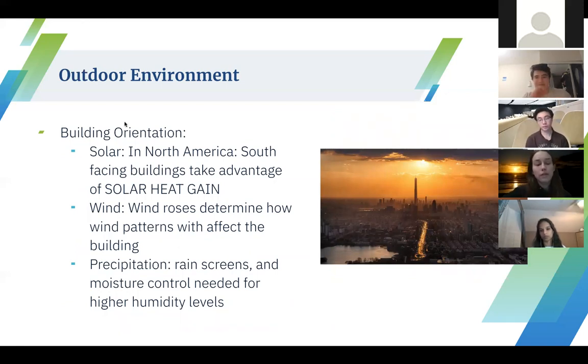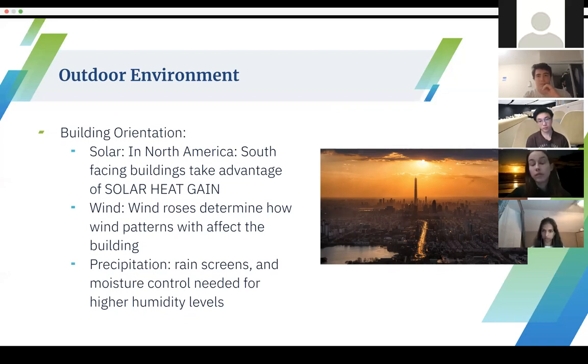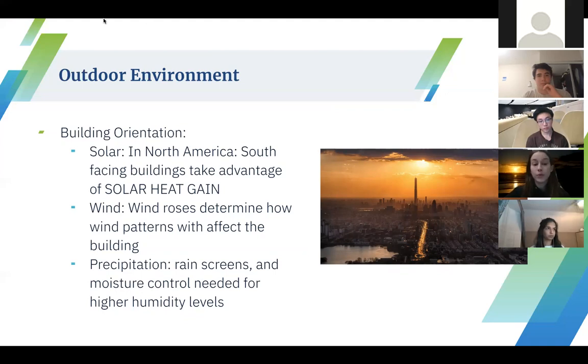The other thing that's very important when it comes to building orientation is wind, because wind patterns and wind roses can determine how temperatures and things like that affect the building, as well as precipitation. A good example is rain screens. If you want to control the amount of rain moisture that can penetrate into the building, you can make a rain screen, and allow for control of higher humidity levels in places that get a lot of rain, like rainforests and things like that. Next slide.